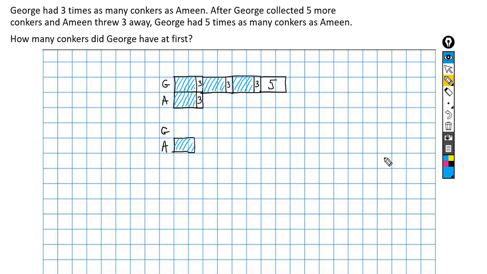I'm just going to move these up. I'm going to rearrange all of these values in George's bar. I'm going to keep George's bar the same size, because that whole bar represented the same amount.